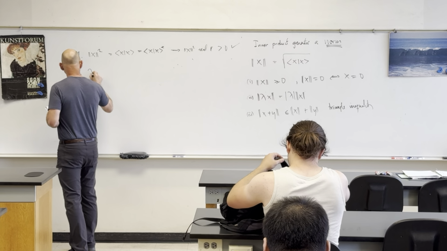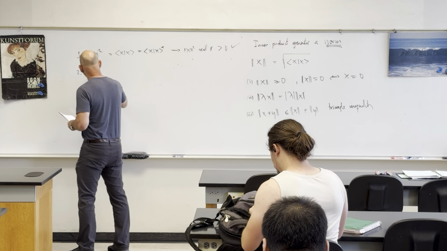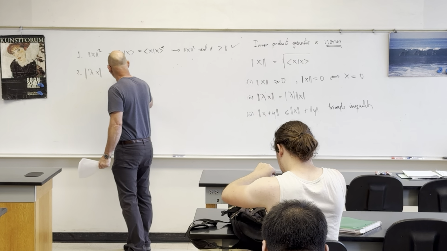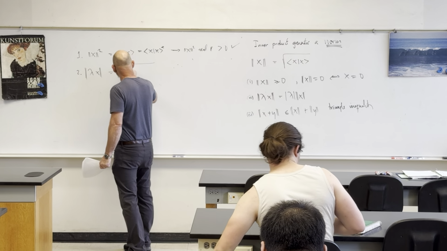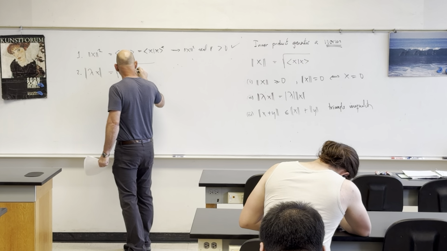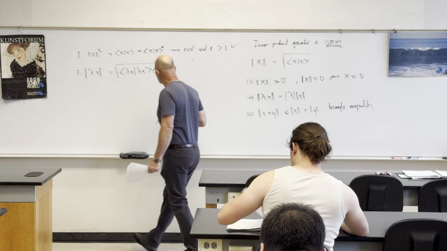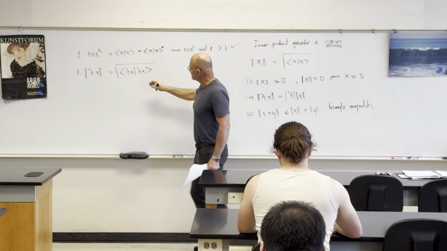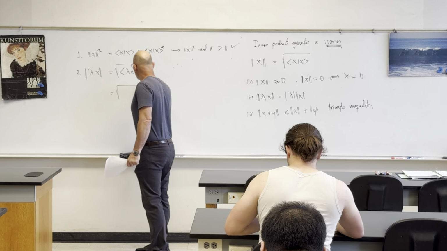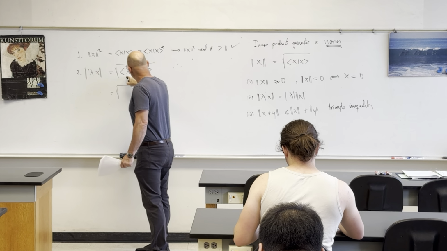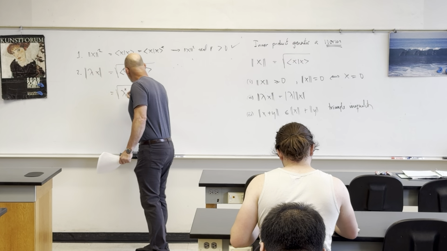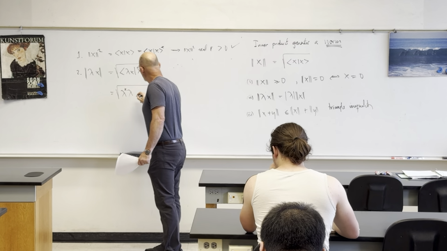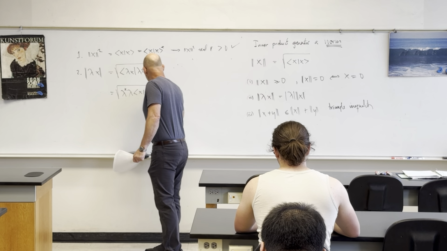Second one, we've got this norm of lambda x. So we go into the definition here. We've got lambda x. Okay. So the square root of the inner product with itself. We've got the square root of, when we pull this one out front, it comes out as a lambda star, and the one in back comes out as lambda, x with x.